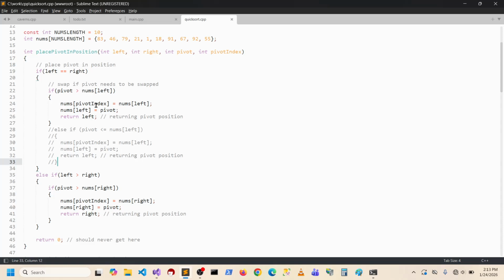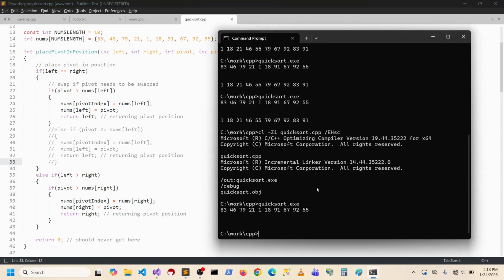Why would it be the same thing? Else, if it's less than or equal, then this must be the wrong one here. It flipped it. So 67 was less than 79.